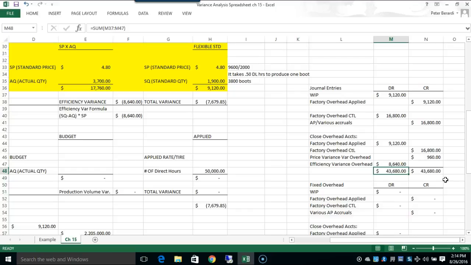To do that, we put 8,640 as a debit because these will eventually get closed out. To close these out at the end of the month, you're going to debit the price variance account by 960 and credit cost of goods sold. And to close the efficiency variance account, you're going to credit efficiency variance overhead and debit cost of goods sold.